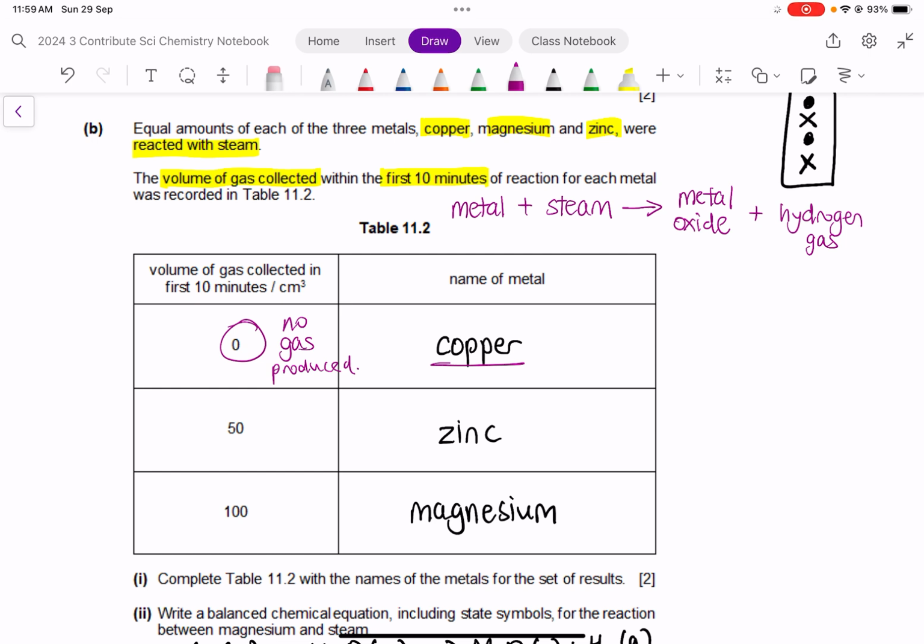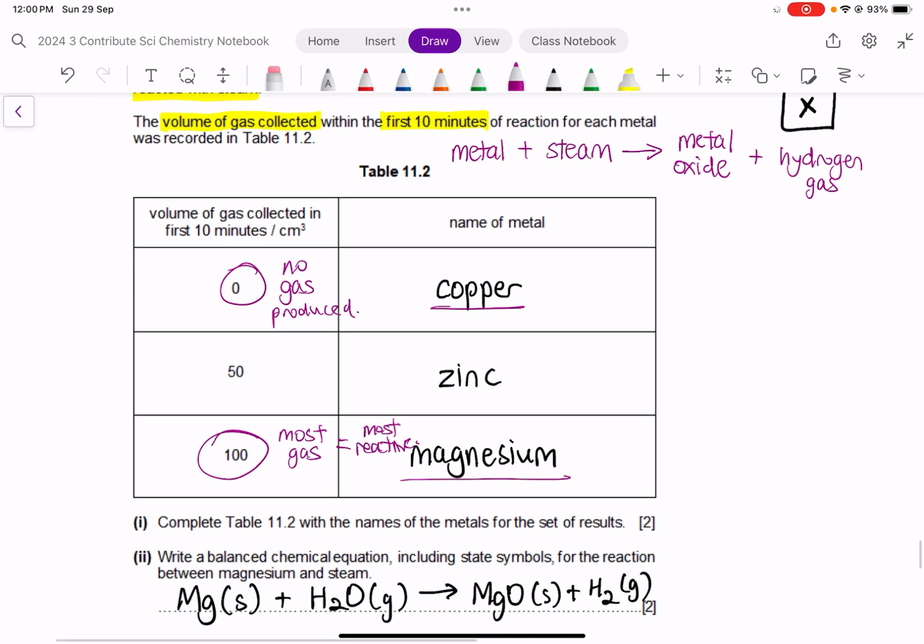So you learn that this is related to reactivity. Therefore, the most reactive metal, which is magnesium in these 3 metals, should produce the most gas. And therefore, we obtain these answers: copper, zinc, magnesium.